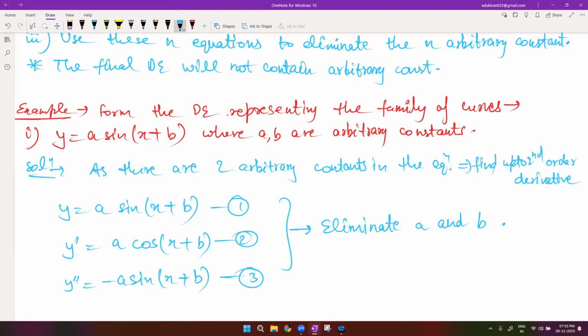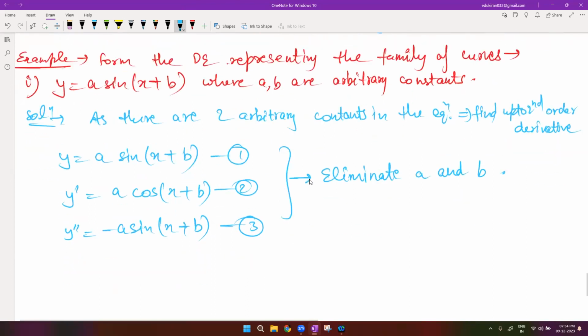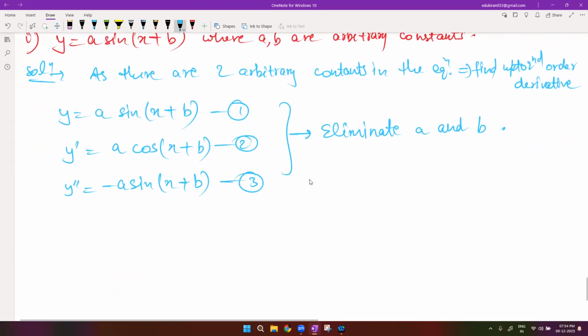Anyone? We have the direct answer. Just look at it. We have to eliminate a and b. Okay, focus on the first and third equation.